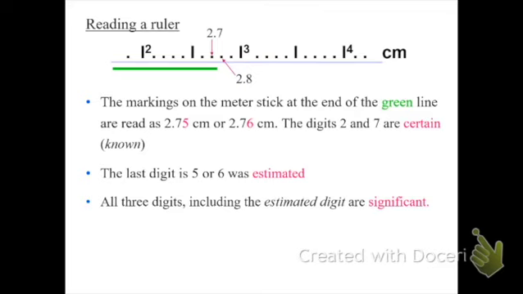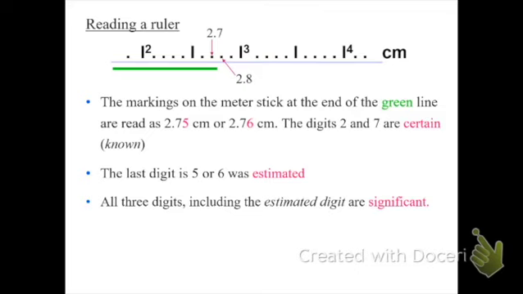So when you look at this ruler and you look at the green line, you will see that the line is between 2.7 and 2.8. When you read the number, you're going to start with what you actually know for sure. So what number do we know we have for sure?